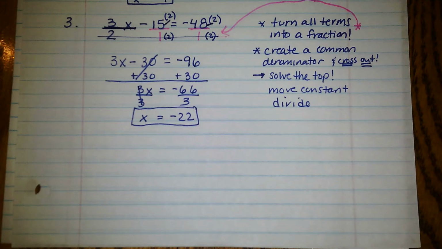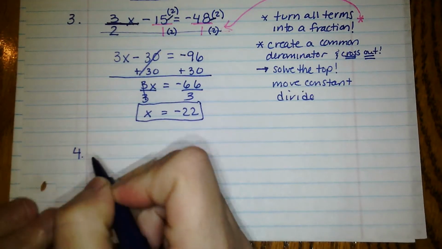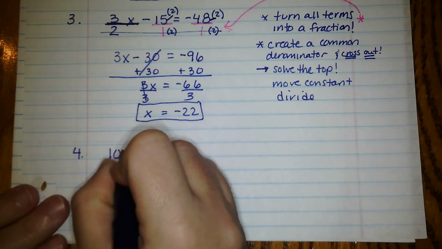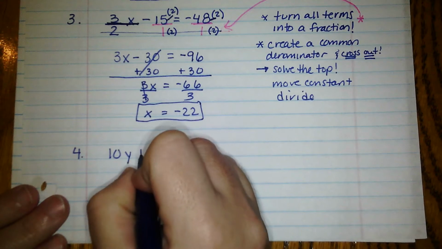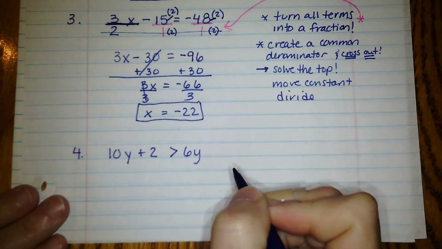All right, we're on number 4. It says solve for y and graph the solution on the number line. Here's our number 4: 10y plus 2 is greater than 6y plus 12.